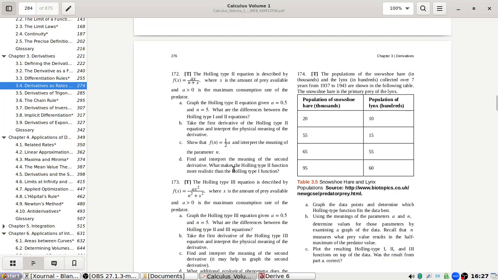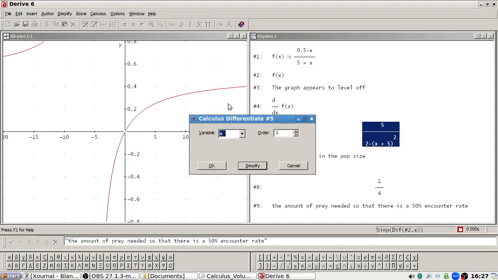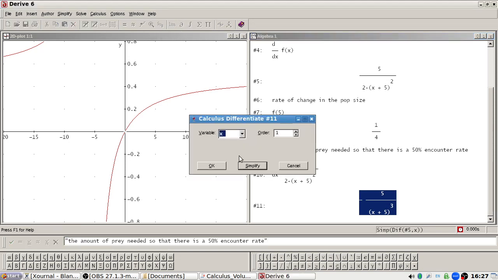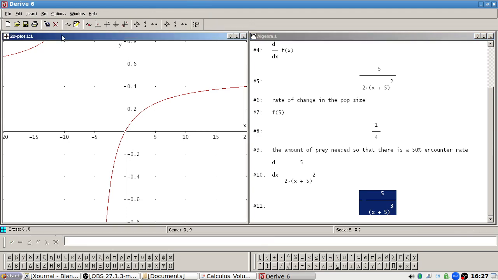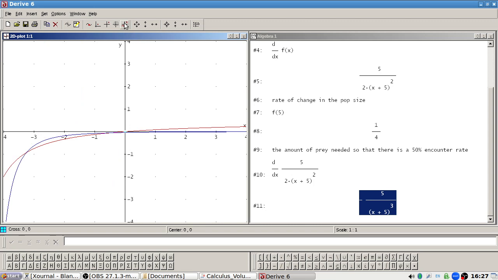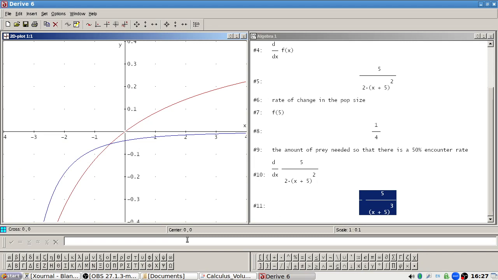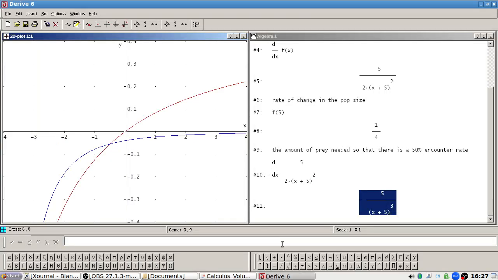Find and interpret the meaning of the second derivative. Okay, so let's differentiate this again. I'm just curious about the graph of it. Interesting. It's negative. It's always negative. So it's the same deal as before.